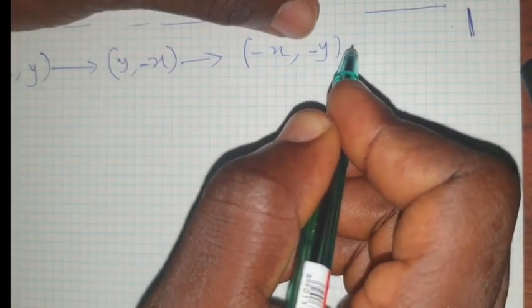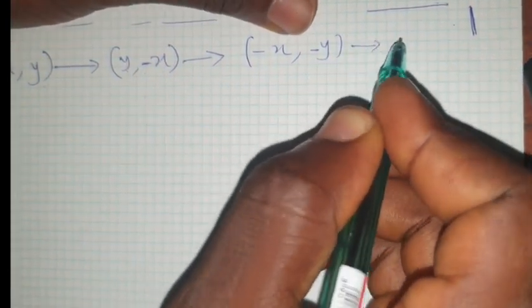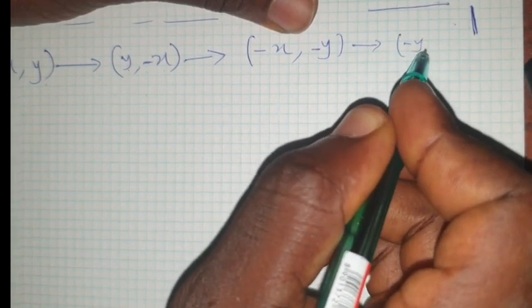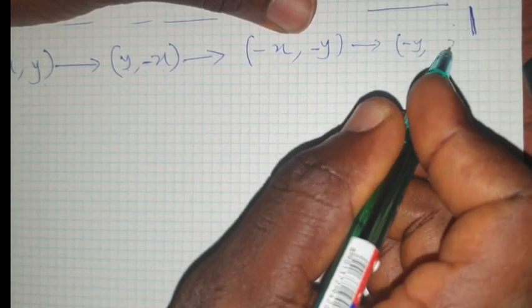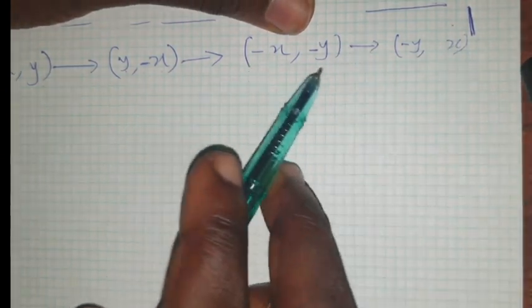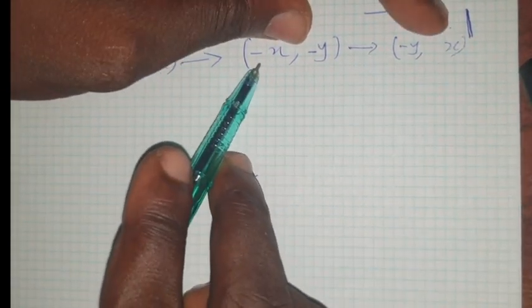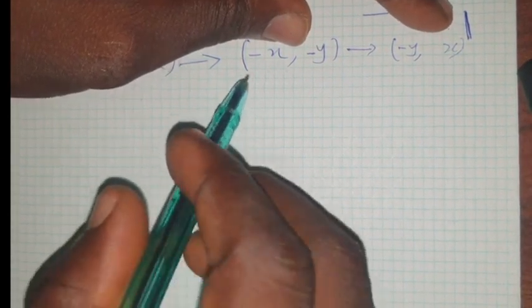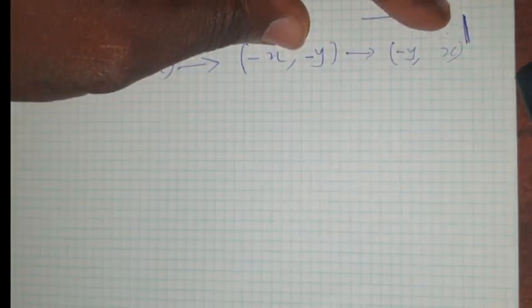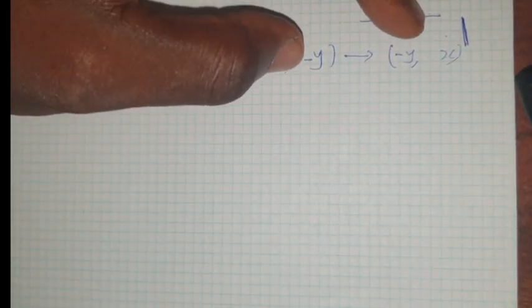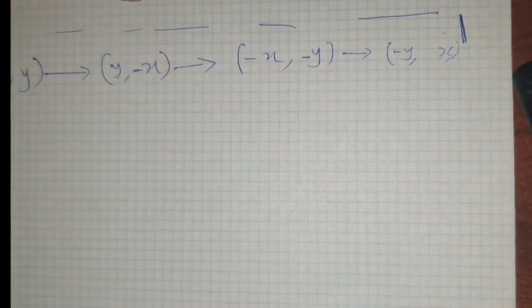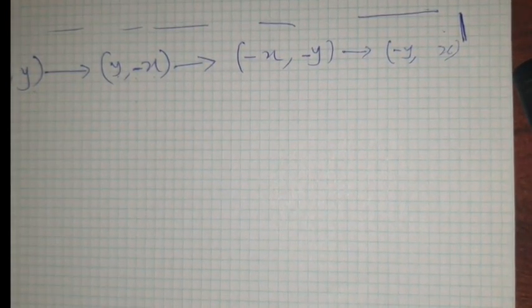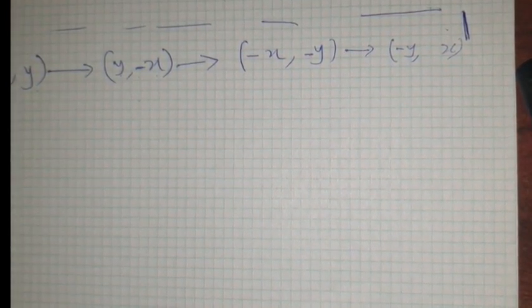If you want to rotate again, one more, it's going to be minus y comma minus x, but we are going to change the sign of the new y value to plus. So the image will be minus y comma x. So that is that for the rotation about 90 degrees.